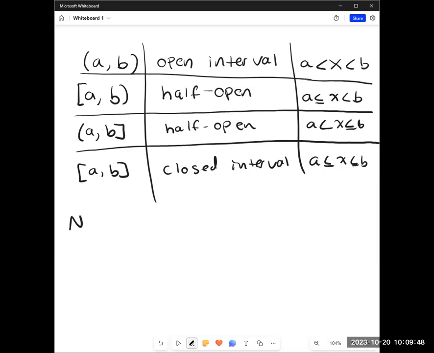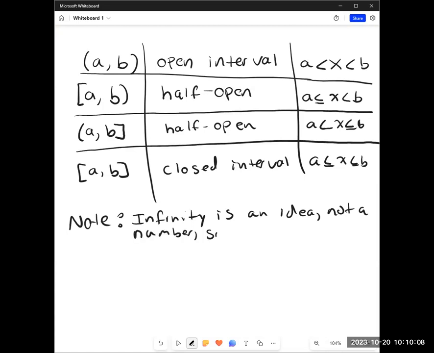Key idea here, note that infinity is an idea, not a number. So infinity can never be included.